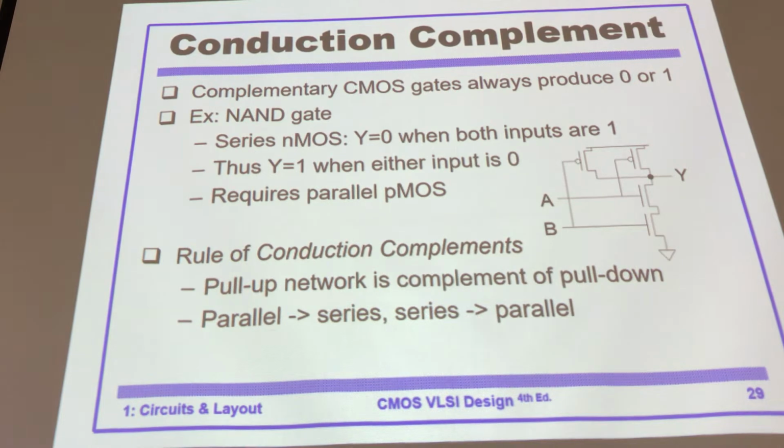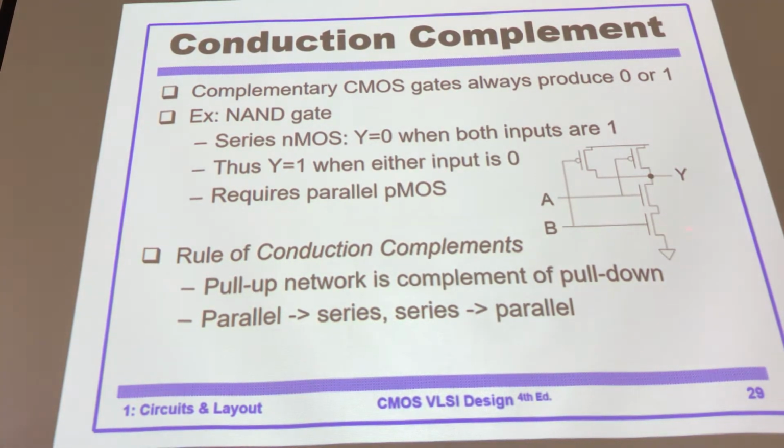So this kind of structure, the NMOS transistor connection is the pull-down network. These two are dual, or complement, to each other. For a complementary gate, when NMOS is in serial, the PMOS transistors must be in parallel.